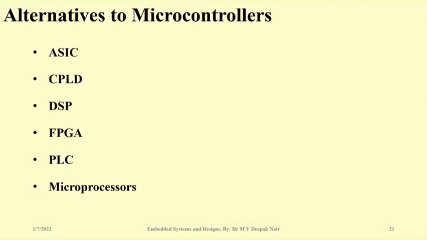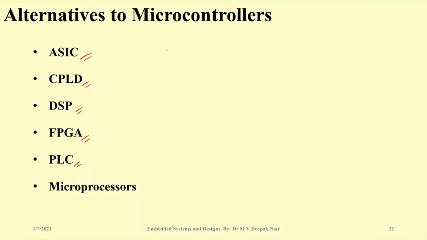Now, there are so many other alternatives to microcontrollers. I am just going to end the lecture here. It is not that you should always stick with microcontrollers. There are so many other ICs with different technologies available, which give head-to-head competition to microcontrollers, and most of them are doing much better than microcontrollers.